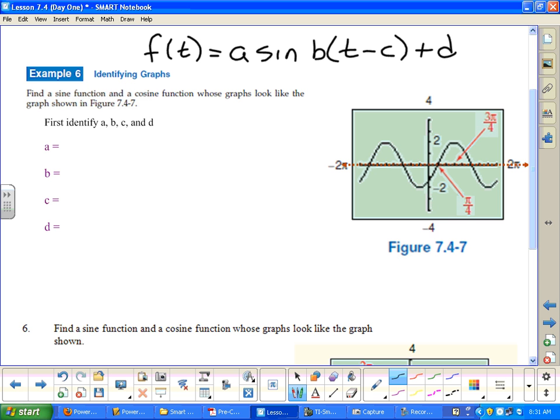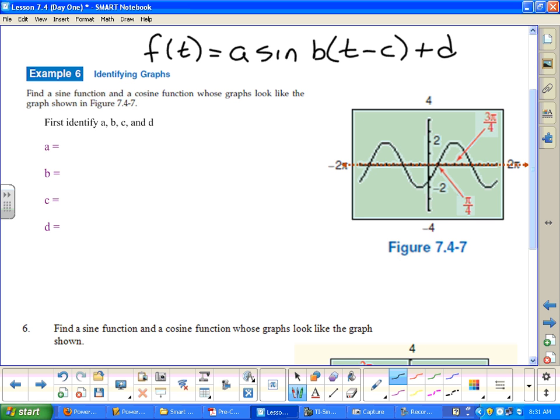So the thing is, with sine and cosine, we're going to have different values of what? Which one of those four is going to be different for sine and cosine? C is, because their max and min values are at different spots. Sine goes through the origin, cosine has a max on the y-axis.